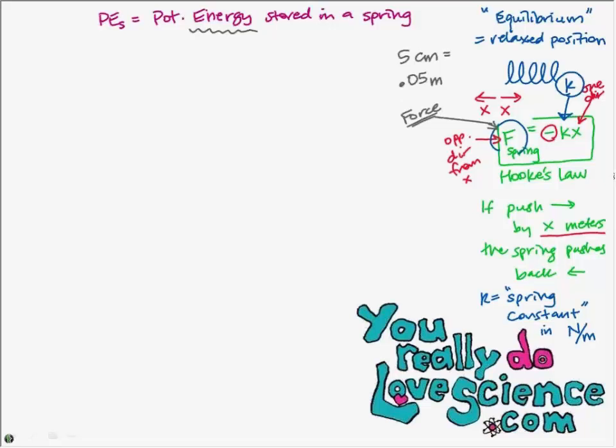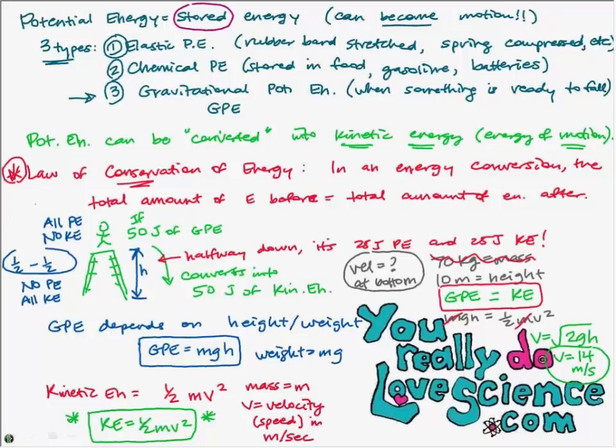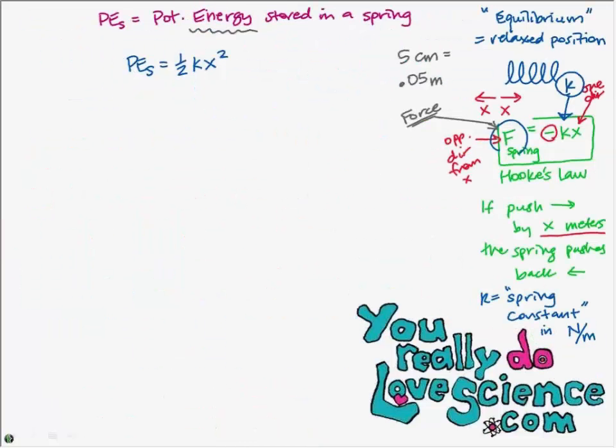The potential energy that's stored in a spring that's been squashed or stretched is this equation: 1/2 kx squared. It kind of reminds me of this. Look at the very bottom. Do you remember kinetic energy of motion is 1/2 mv squared? The potential energy in a spring looks kind of the same, 1/2 kx squared.